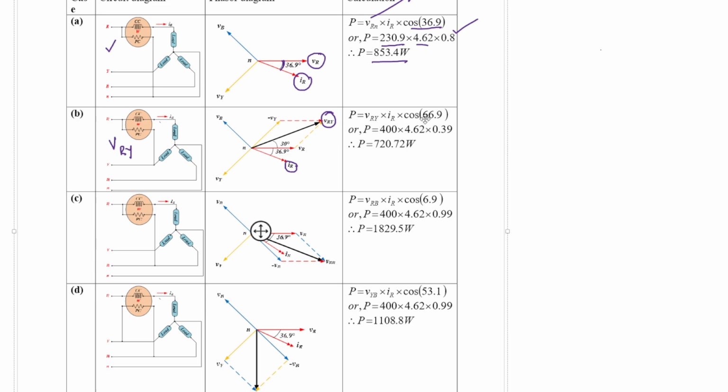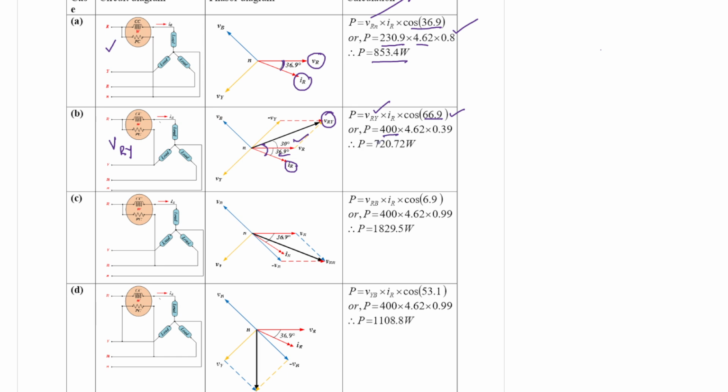So this angle is 30 and this angle is 36.9, and altogether it will be 66.9. Now if you solve this, it will be measuring VRY, so VRY is 400 volt.